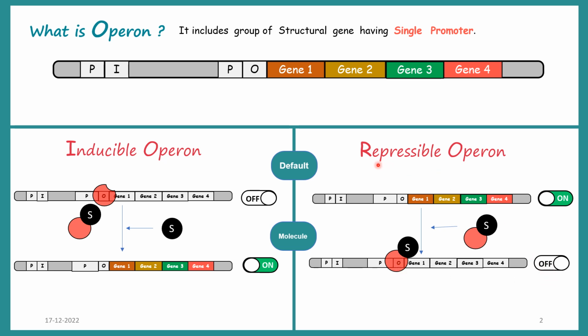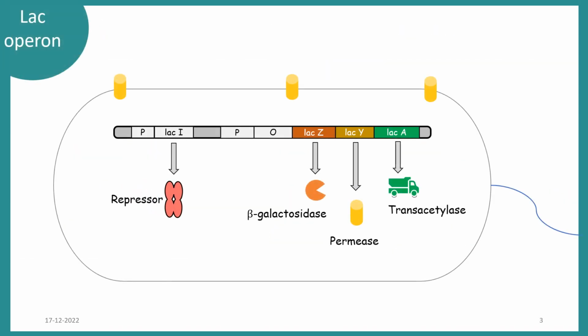And the example of this repressible operon is TRP operon, tryptophan operon, which is called a negative regulation. A repressible operon is also called a negative regulation.